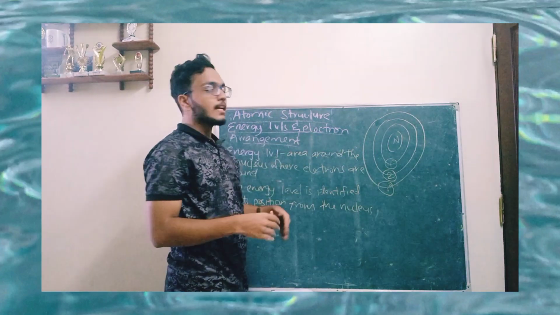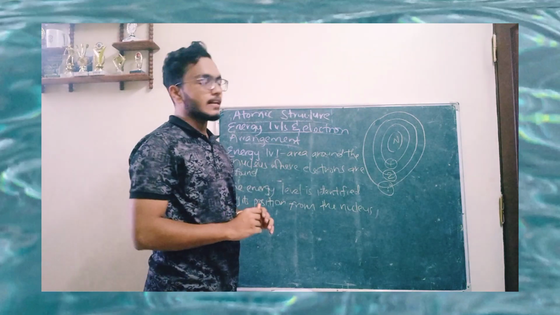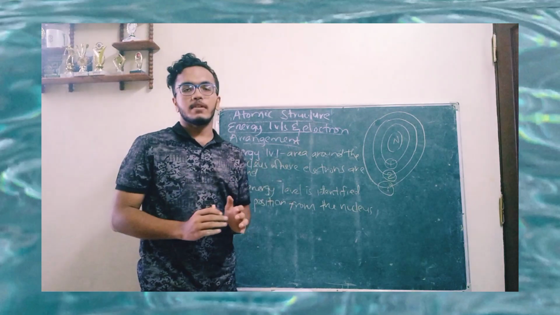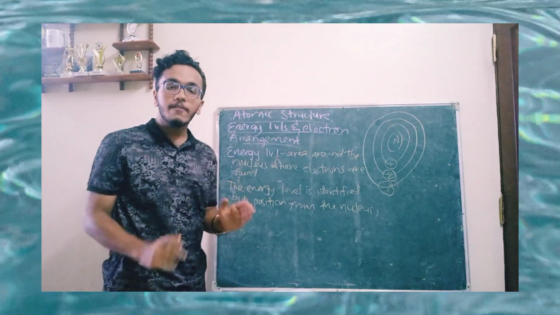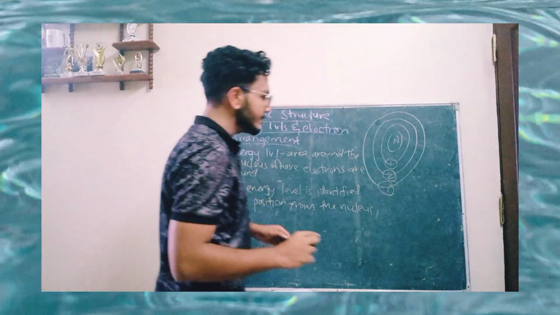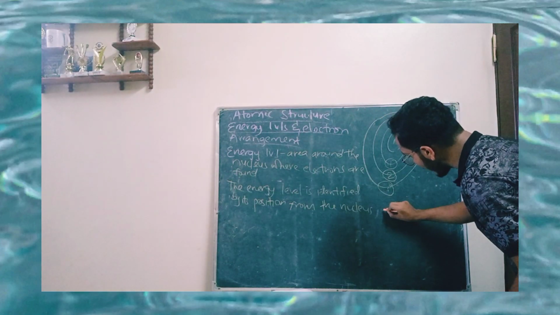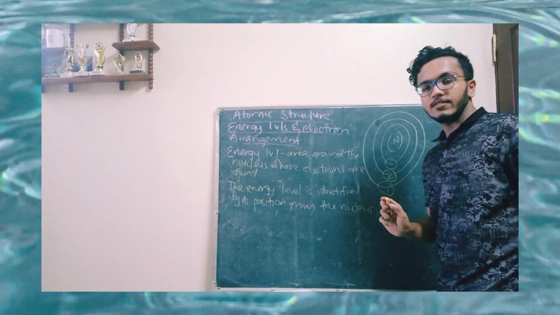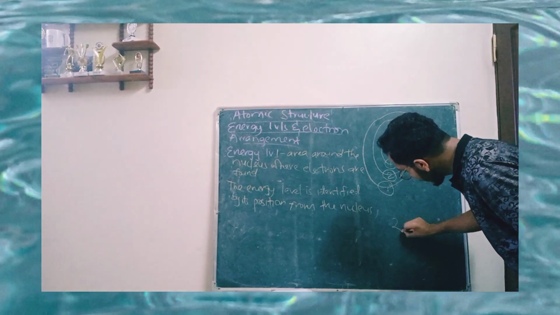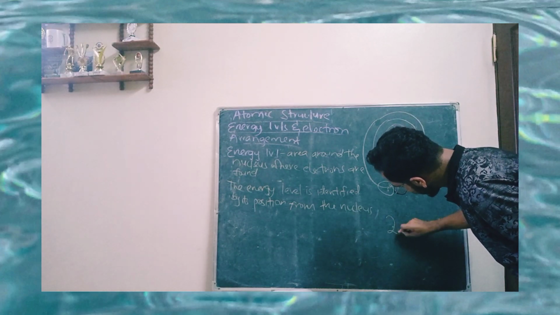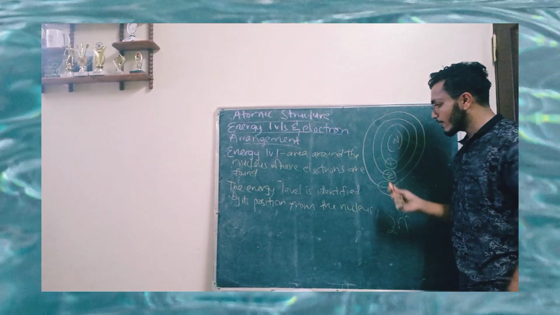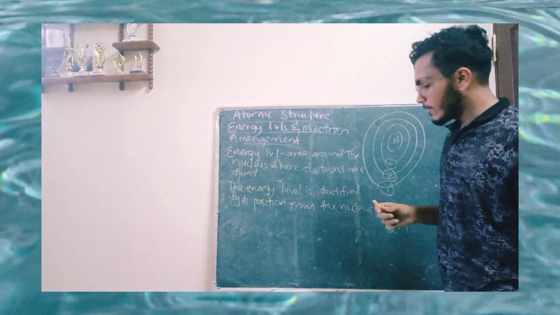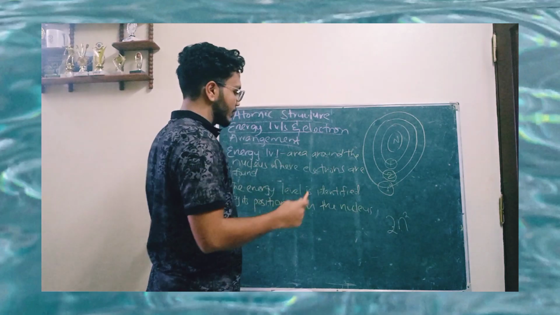So we have to see how many electrons an energy level can maximum hold. We have a formula for that, which is 2n squared. The formula for the maximum number of electrons in each energy level is 2n squared, where n is the number of the energy level, the position from the nucleus.